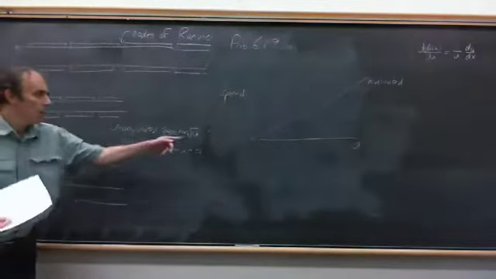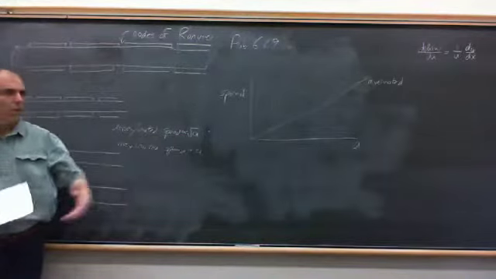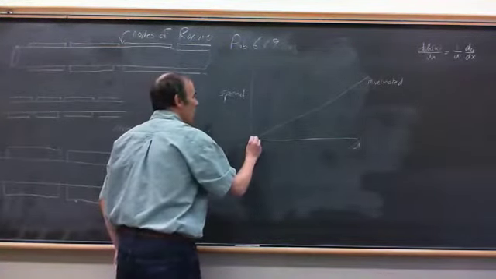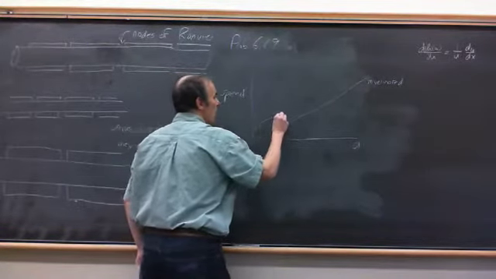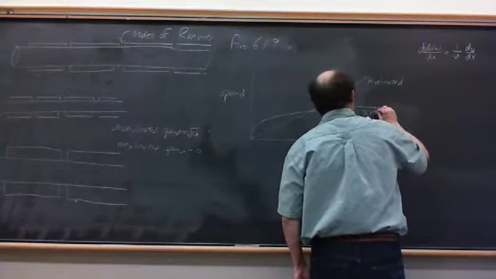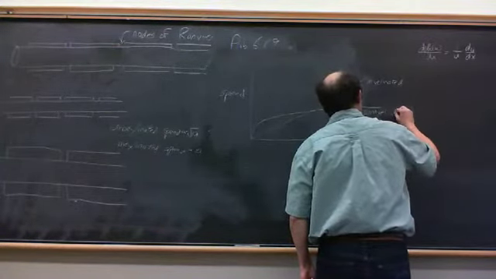Unmyelinated axon, it goes as the square root of A. Have you ever plotted the square root of A? It starts at 0, and it goes up really fast, but then it turns over, and it continues up, but much more slowly. So that's the unmyelinated axon.